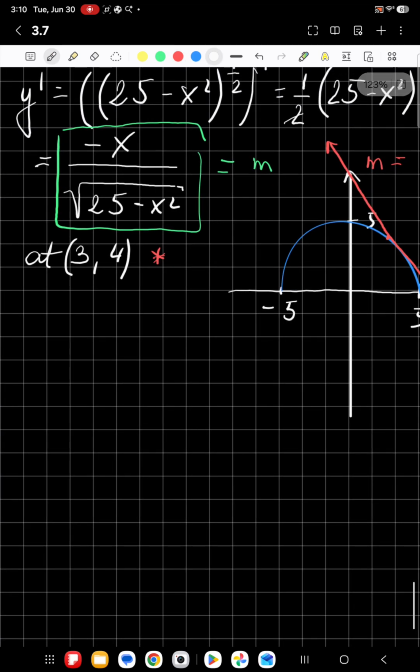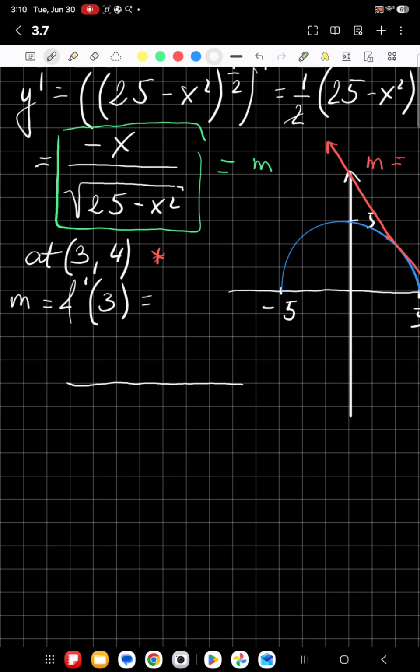All right, so I'm basically plugging that x, that 3, into the formula for slope. Right, so let's write f prime. I'm evaluating the formula, or the first derivative, for 3. Okay, so let me write it here.